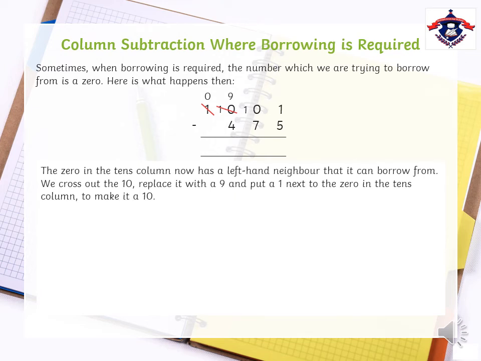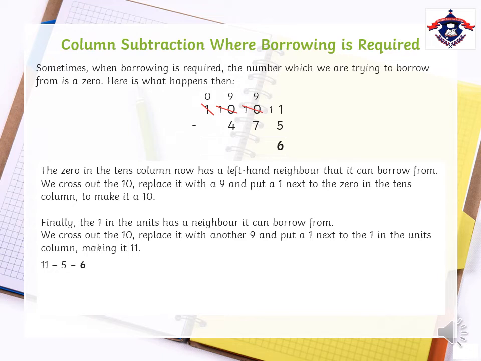The 0 in the tens column now has a left-hand neighbor that it can borrow from. So we can cross out the 10, replace it with the 9 and put a 1 next to the 0 in the tens column that makes it a 10, and so on. So finally, we can easily solve this question and get the answer, which is 526.